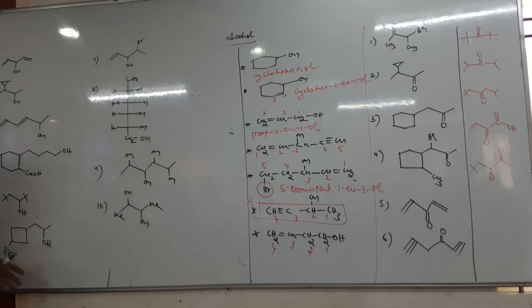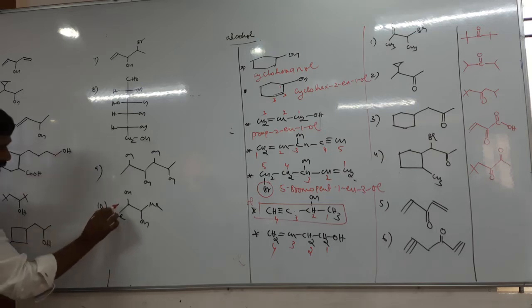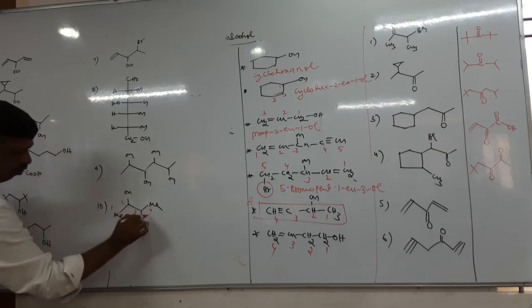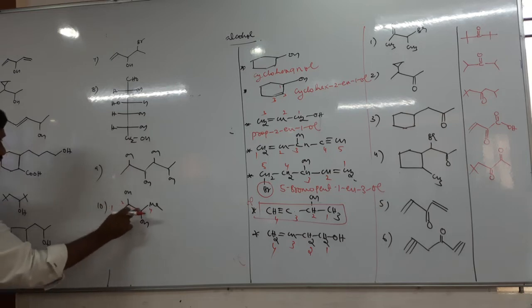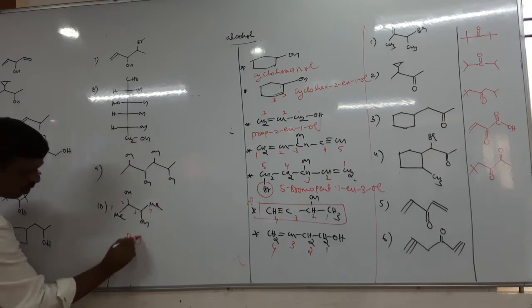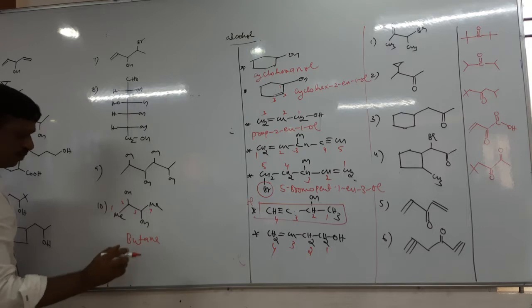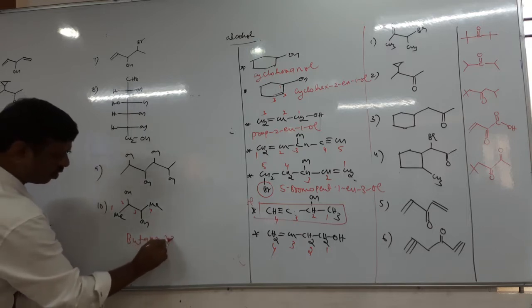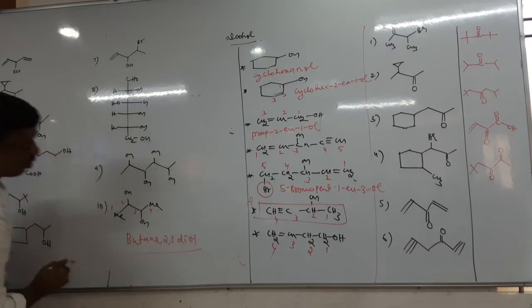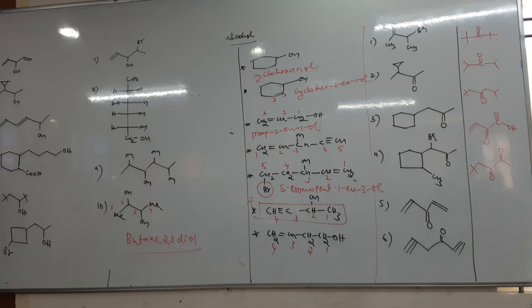Okay, so if there are two OH groups, which is called diol, numbering is the same, 1, 2, 3, 4. Meth, eth, prop, but. It is butane-2,3-diol. Like here also, 1, how many? 1, 2, 3, 4, tetraol.